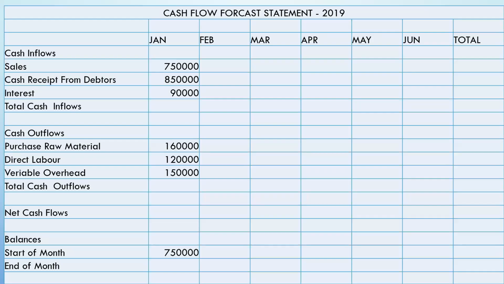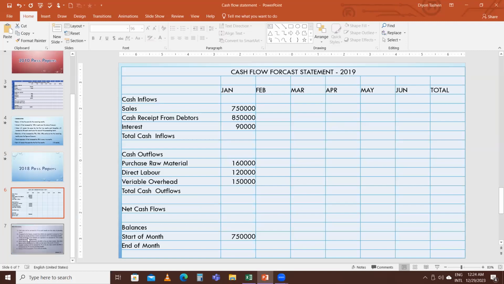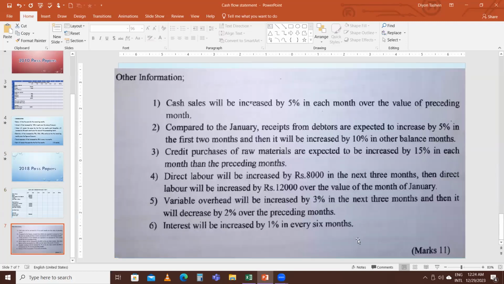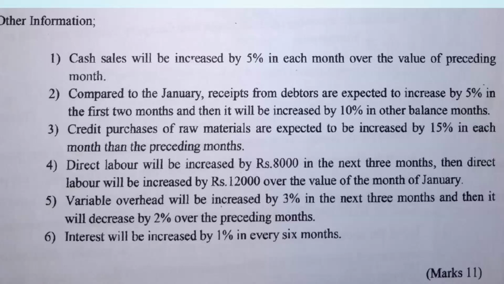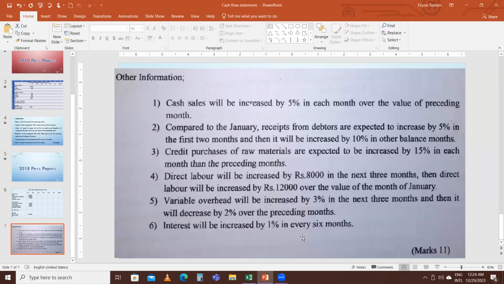In the 2018 paper, they have given the cash flow forecast statement for 2019 and you have been given this data, and the additional information as follows. They have asked you to prepare the cash flow just for 11 marks as the first question. So shall we move on?